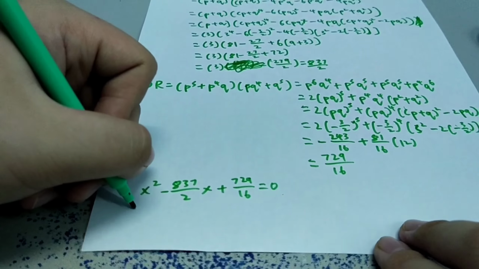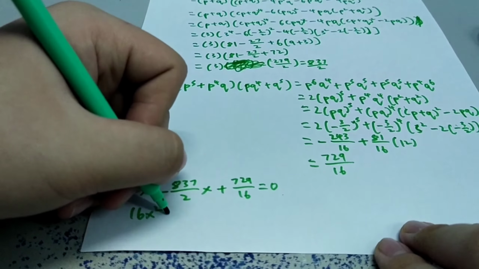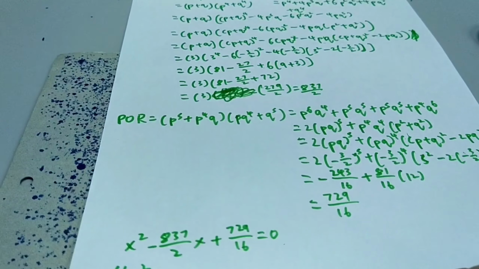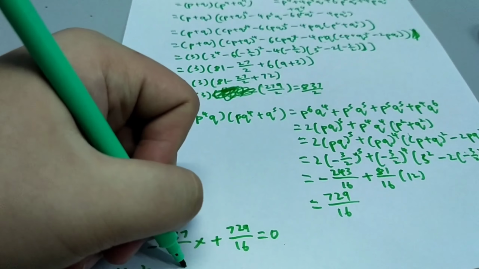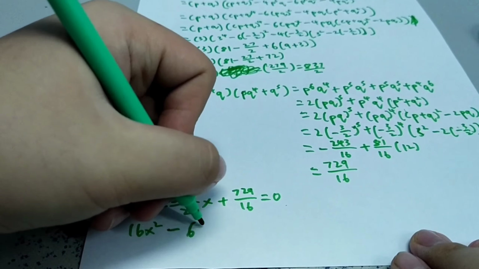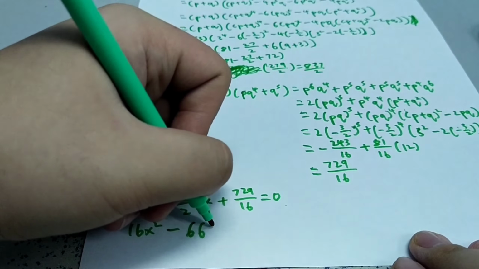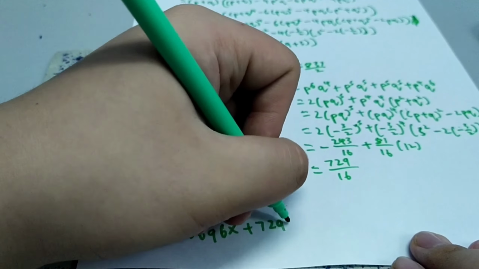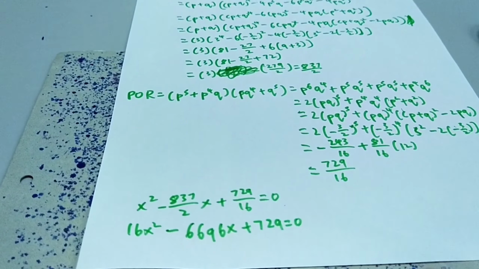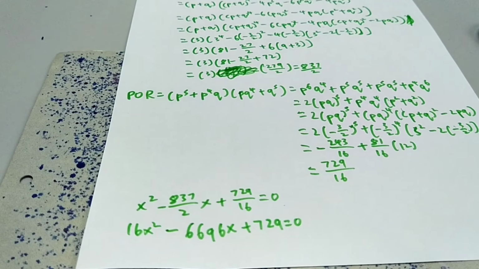Multiply by 16, I will have 16x squared minus 6,696x plus 729 equal to 0, and this is our answer.